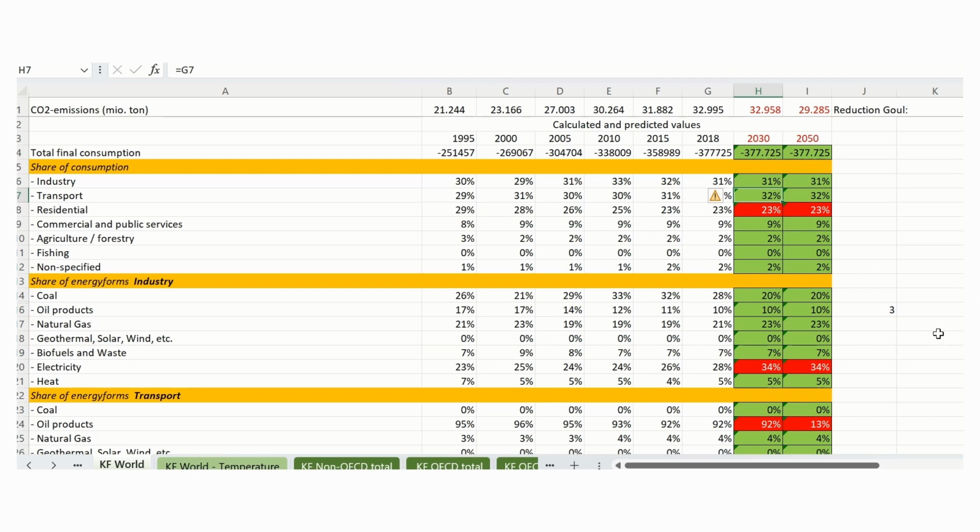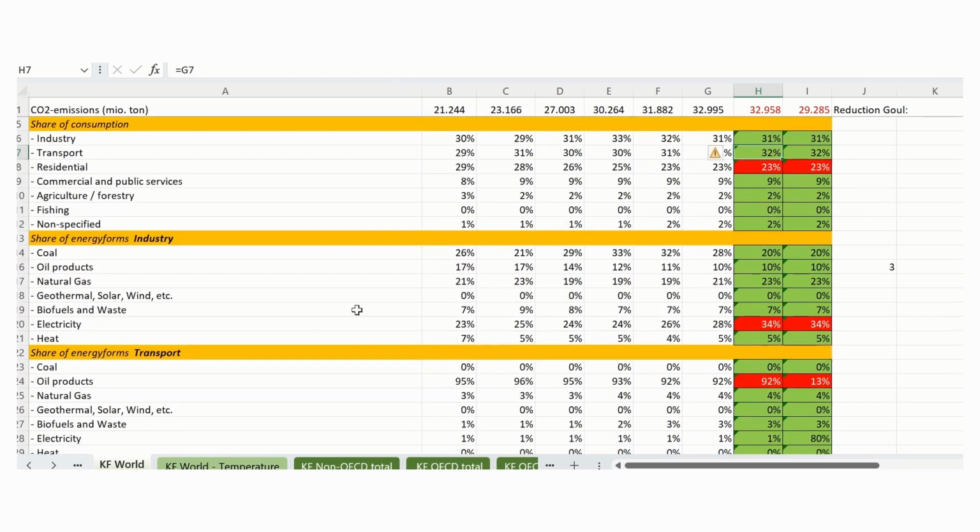You can also download from the platform another version of the climate scenario model where we have hidden all the sectors that have a very low influence on the results. And we have done the same for all the different energy forms that are unimportant.